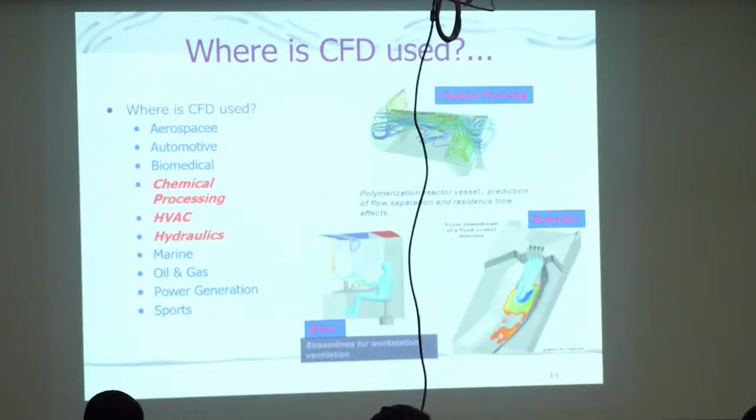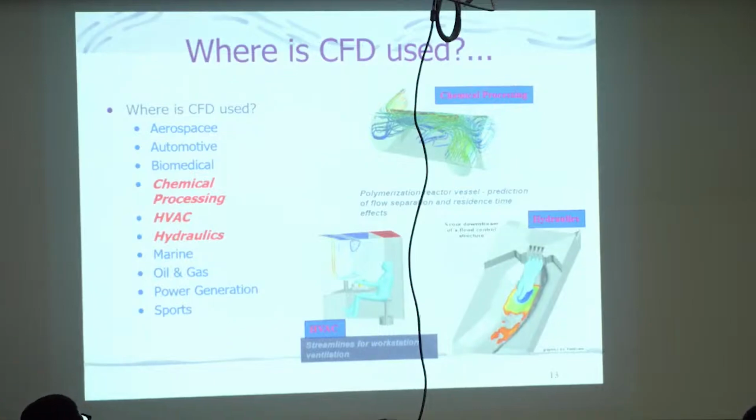In hydraulics, such as this scour downstream of a flood control system. Just imagine that you have the Akosombo Dam, and the floodgates are open such that downstream it flows uncontrolled.